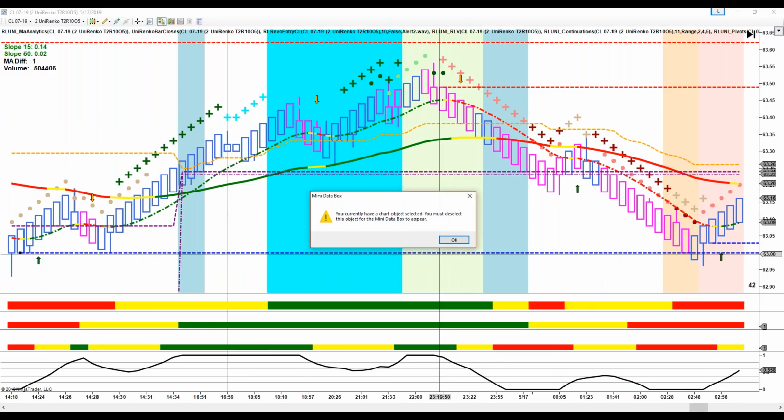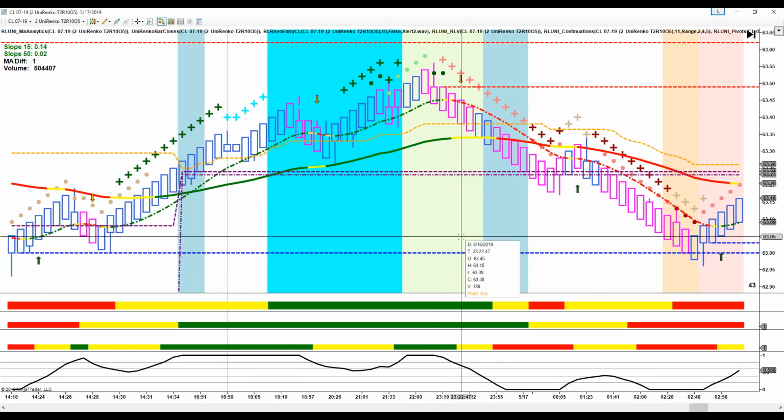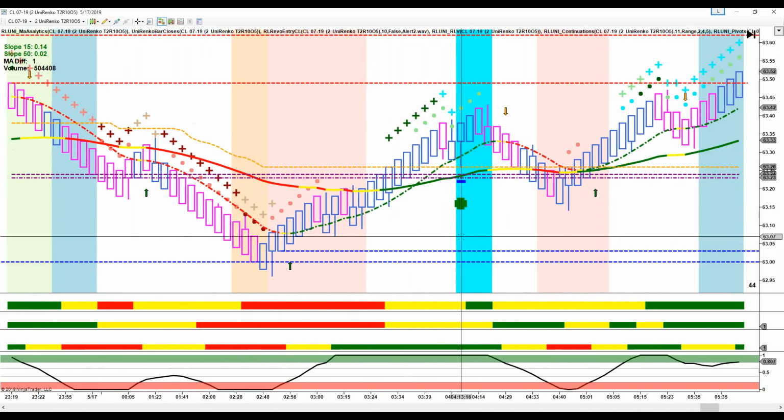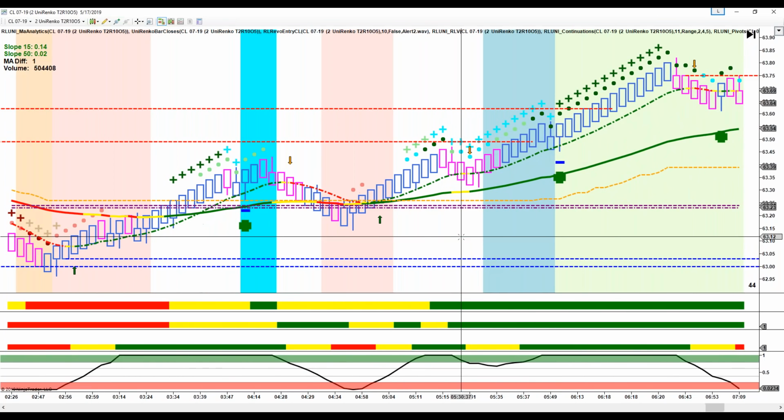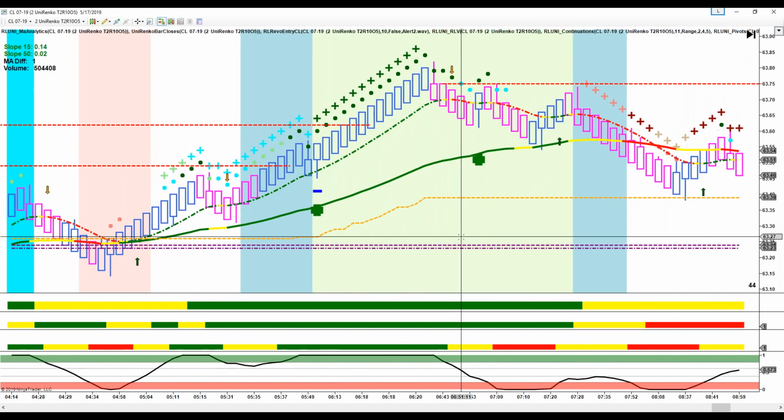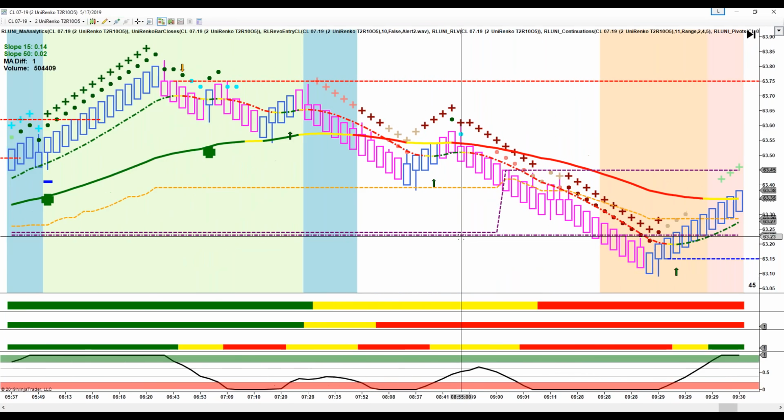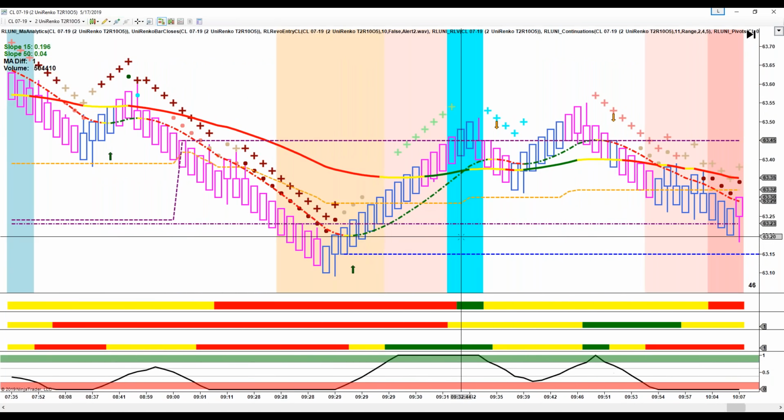Now, it's a different month. Let me just find the entry, and I'll show you a great example of what I'm talking about. Now, here's the 16th, which is yesterday. It's a long trade.